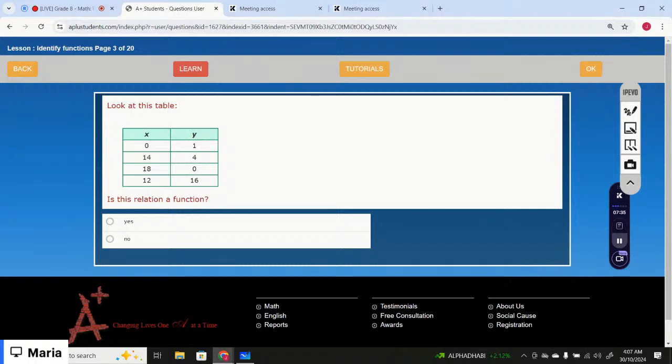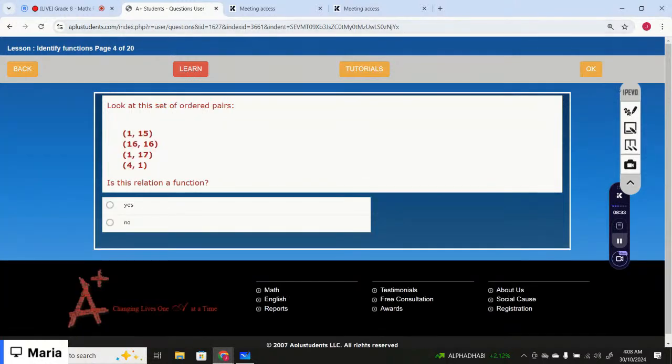Look at this table. Is the relation a function? The correct option is yes, that is a function because for each x value, there is only one y value. Very good.